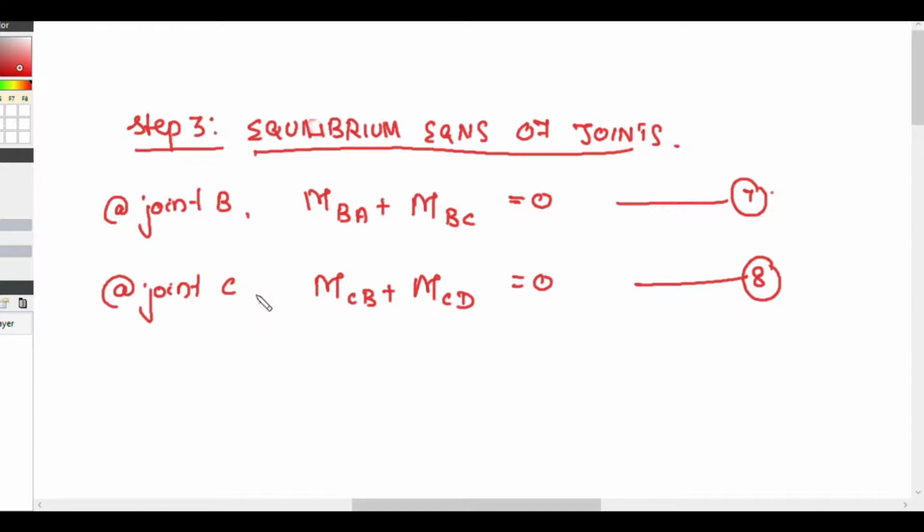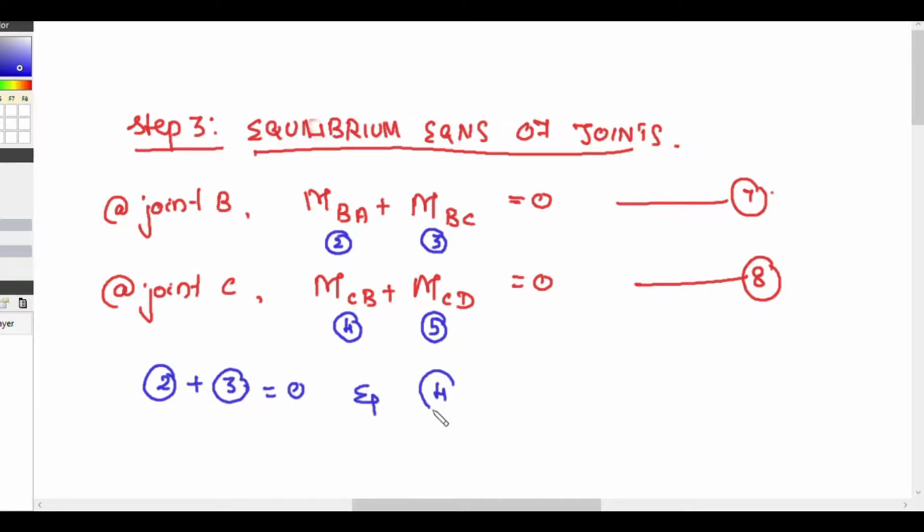Now, actually this MBA is our second equation and MBC is our third equation. MCB is our fourth equation. MCD is our fifth equation. That means our equation number 2 plus equation number 3 is equal to 0 and equation number 4 plus equation number 5 is equal to 0.